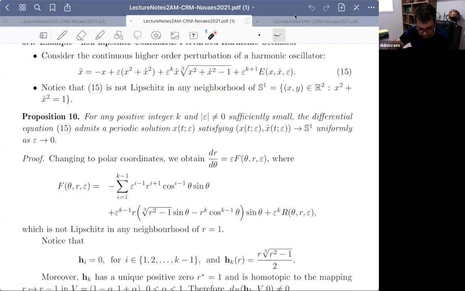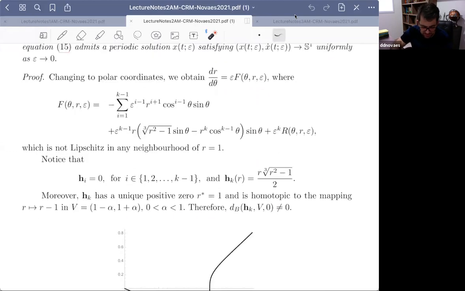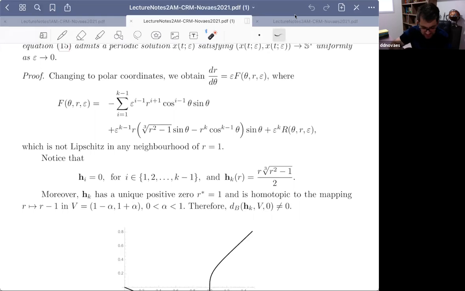Okay. So now what we have to do is compute the averaged functions, the h_i's. We see that when we integrate this function between 0 and 2 pi, because the period here is 2 pi, then this integral vanishes. So h_i is equal to 0 for i between 1 and k minus 1.